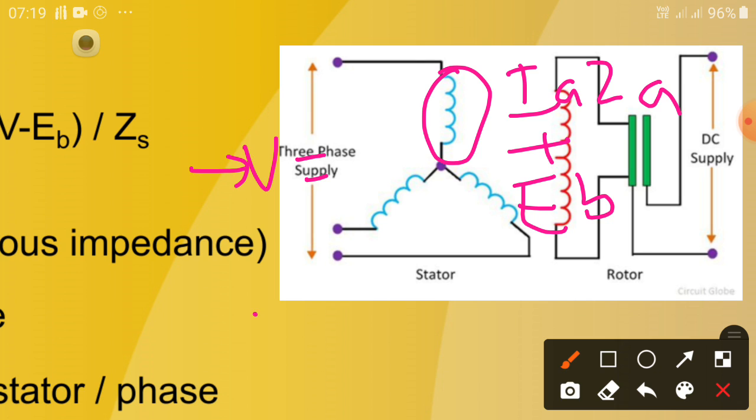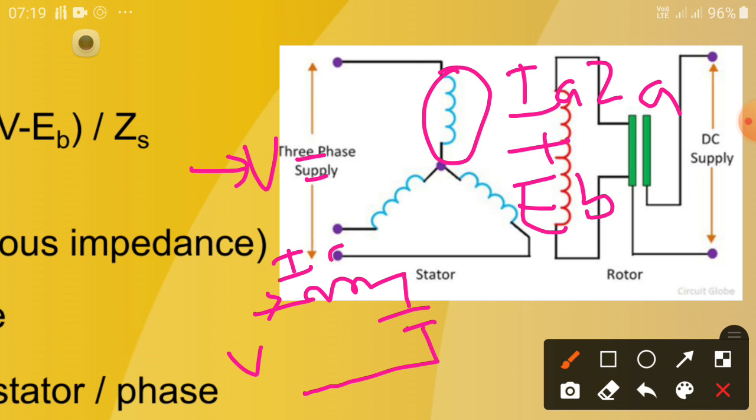Here the applied voltage is V, the current passing through is IA, so IA and ZS is the drop, and here is the EB. So based on the simple circuit, the applied voltage is equal to the sum of these, meeting across here.